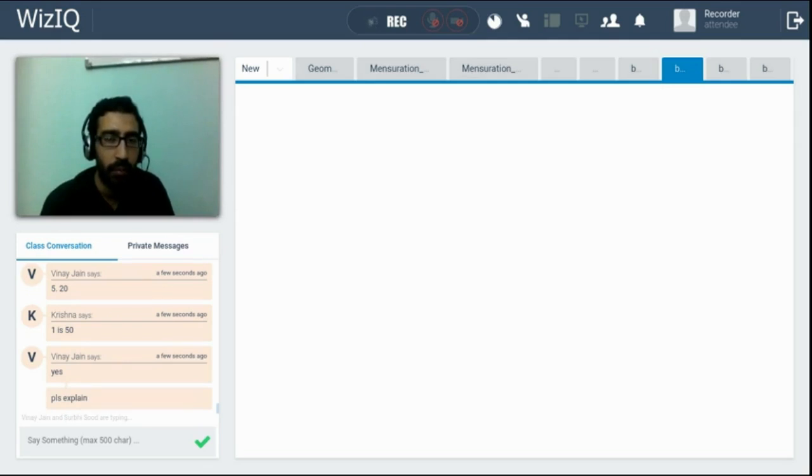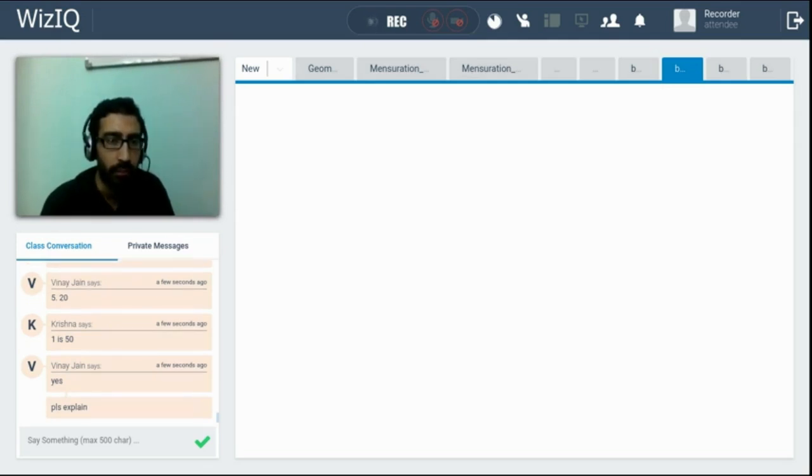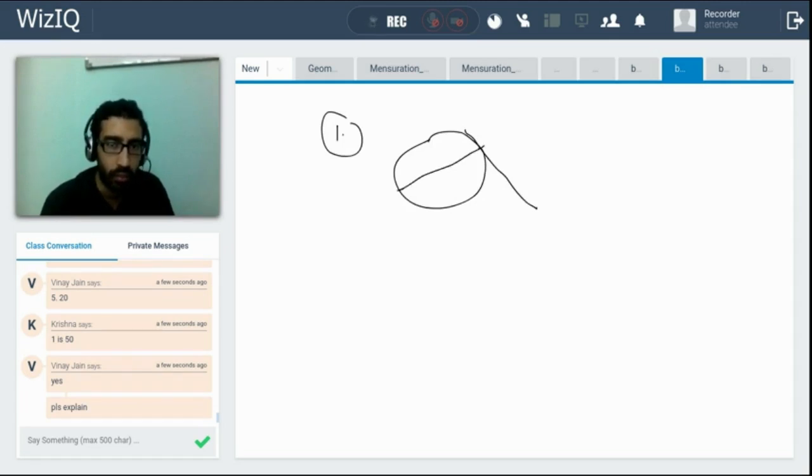Question 1 uses the property of the alternate segment theorem. How? This is my circle, this is the tangent, and this is the chord.